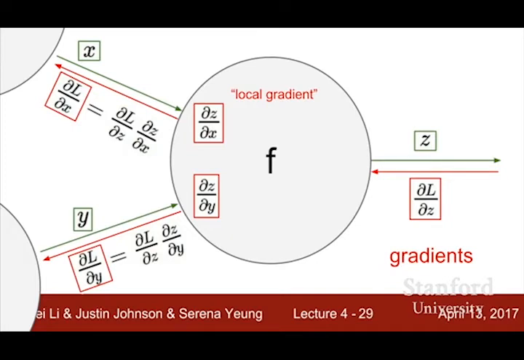And so the main thing to take away from this is that at each node, we just want to have our local gradient that we compute. Just keep track of this. And then during backprop, as we're receiving numerical values of gradients coming from upstream, we just take what that is, multiply it by the local gradient, and then this is what we then send back to the connected nodes, the next nodes going backwards, without having to care about anything else besides these immediate surroundings.